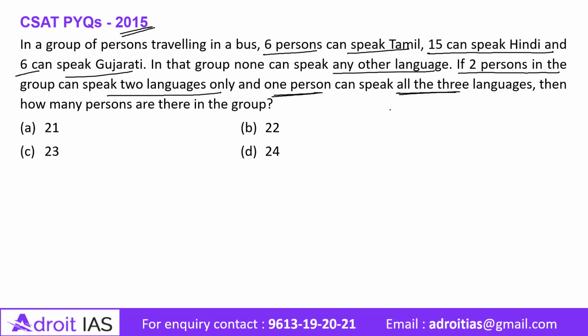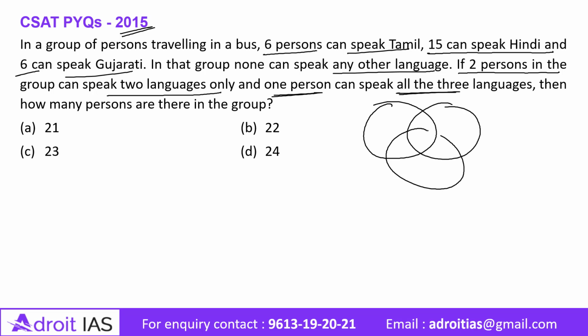Okay, fine. So everyone, this question is based on 3 attributes. There are 3 languages: Tamil, Hindi and Gujarati, right? So 1 person can speak all the 3. So 1 will be coming over here, right? And after that, the question is saying 2 persons in the group can speak 2 languages only.